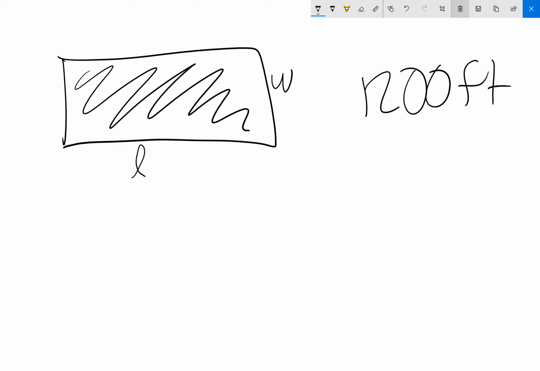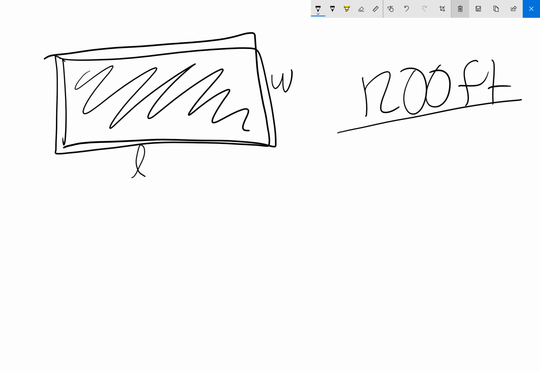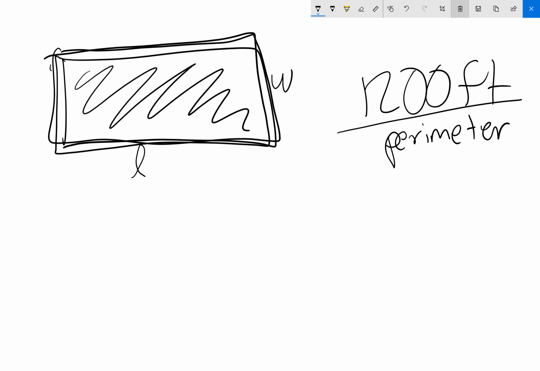We know this is kind of like our perimeter. We have 1,200 feet of fence to enclose his whole farm or field. So this is like the perimeter, with a length, a length, a width, and a width.